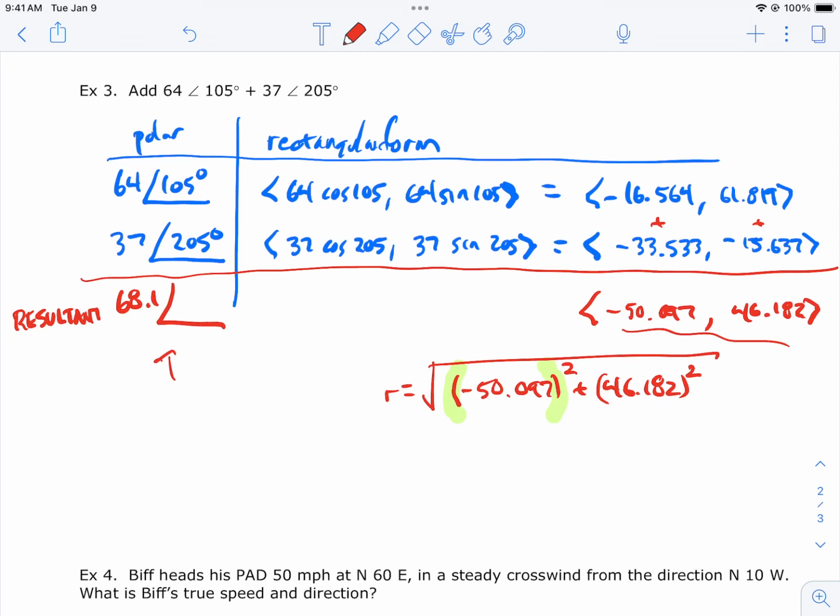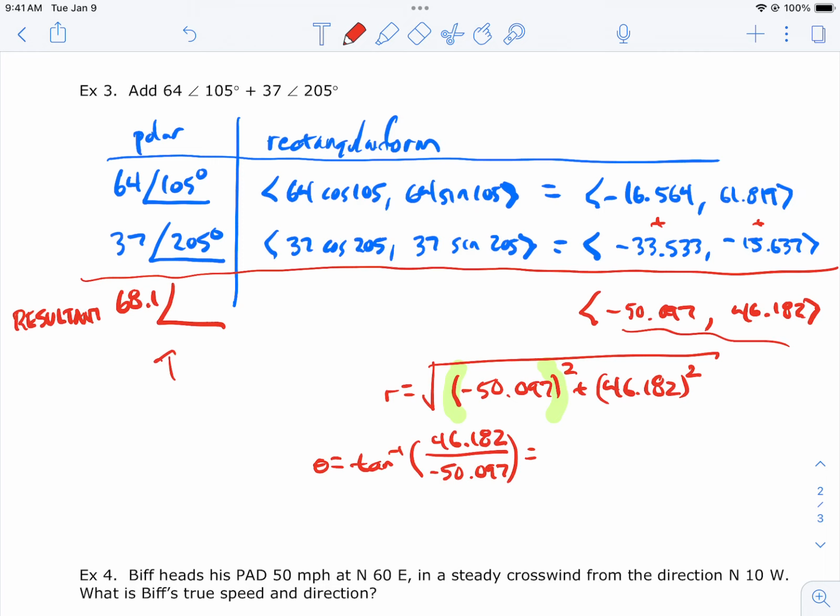Okay, cool. Next, theta. So remember, the formula is to do a shift tangent of the y over the x. Make sure you put the y over the x. And here, you don't have a choice to ignore the negative. You have to type the negative. So 46.182, I'm going to divide that by a negative 50.097. Right? Right.